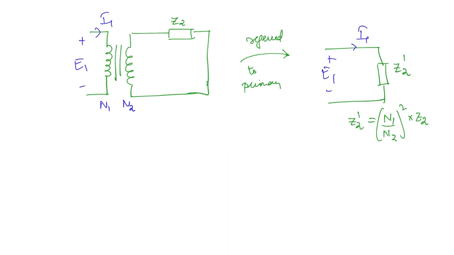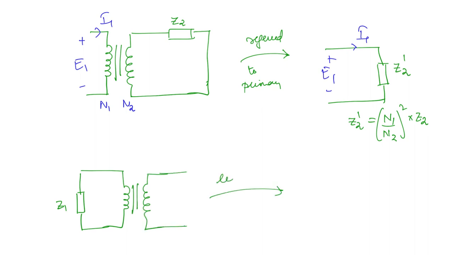Similarly, if you have an impedance on the primary side, this is Z1, let us say, okay, and here you have the primary winding, this is the secondary winding, okay. Now this you can refer to the secondary side, okay. Referring to the secondary side means this voltage here, if it is E2 and this is I2, is going to remain as it is while we don't bother about what is the current and voltage on this side.